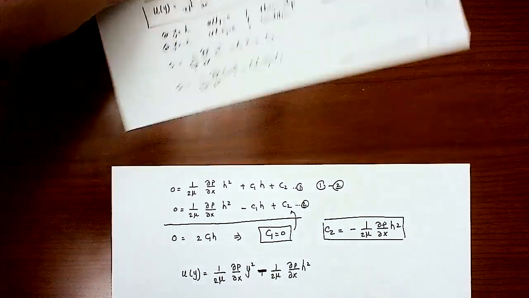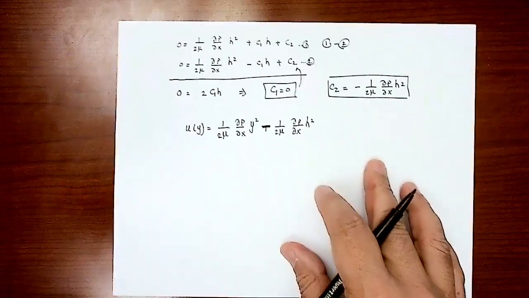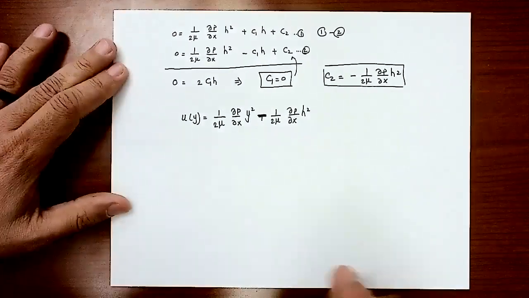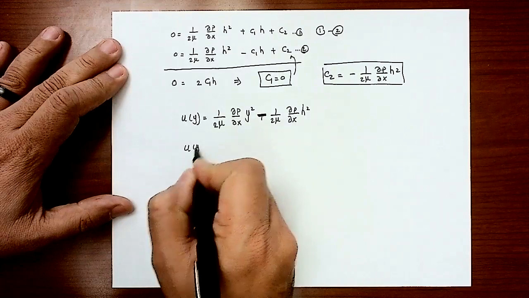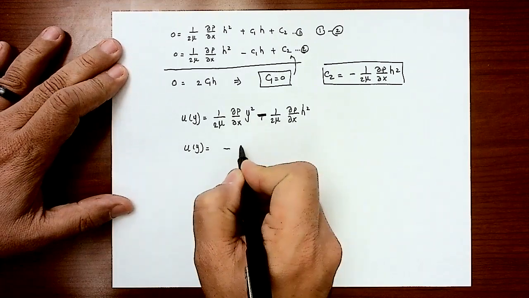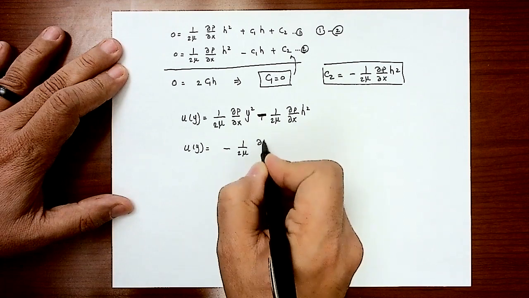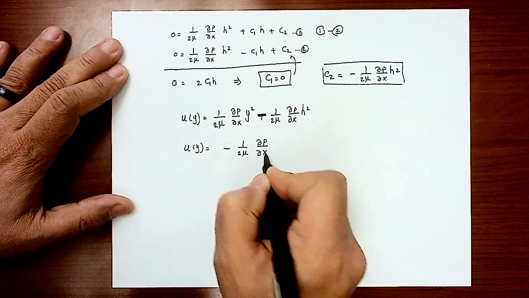Let's simplify the equation a little bit. If you simplify the equation, you will find that u as a function of y is equal to, let's take minus 1 over 2 mu partial P by partial X as constant.